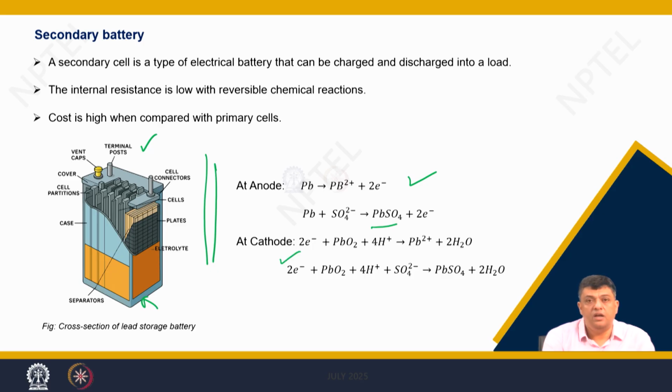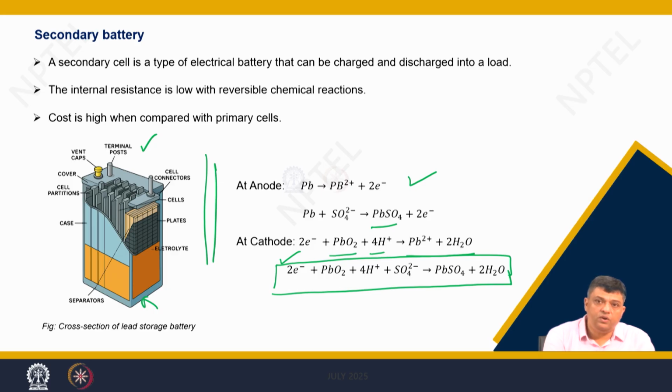The electrons which are released react with lead oxide plus the H plus ions coming in from the acidic electrolyte, and you get water plus Pb2 plus, and overall then you get the reaction where the electrons move from the anode side to the cathode side, and you get electricity.